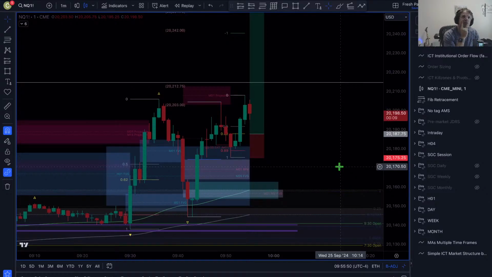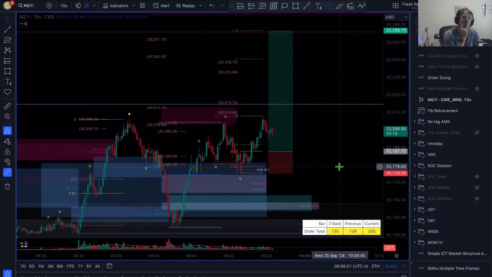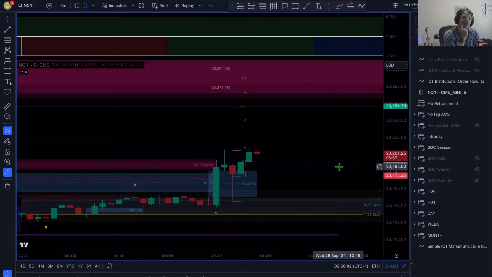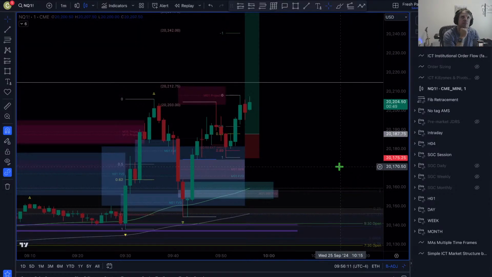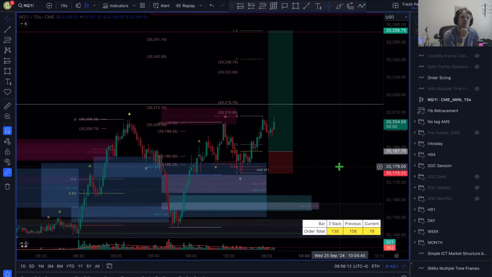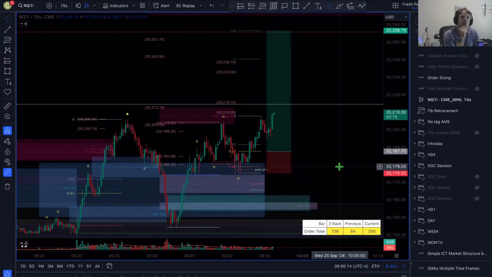Got a nice displacement on that M1 again. Strong, 5 strong. Ooh, you got that nice volume melt on them 5 there too. Yeah, so there's the no tag.